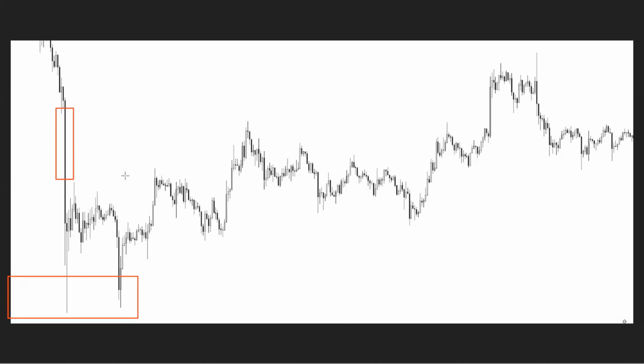What you want to see is for FTRs to start forming. So it's not ideal here because this kind of stops in the middle of nowhere, but when that high breaks, price retraces and then carries on up and breaks that high, you can call this an FTR.